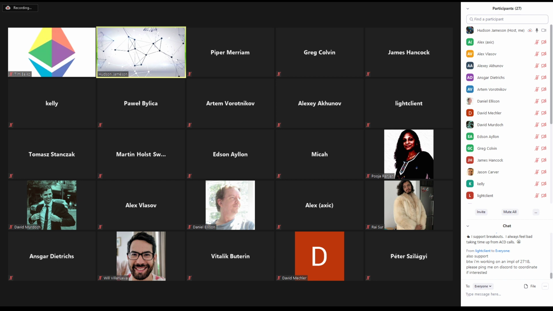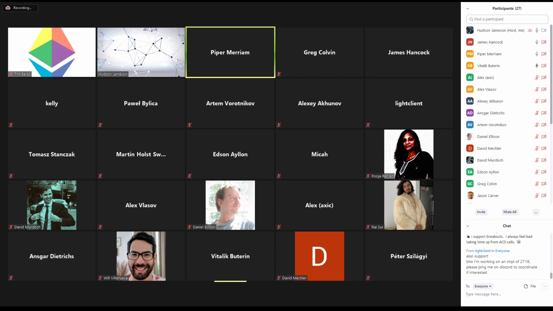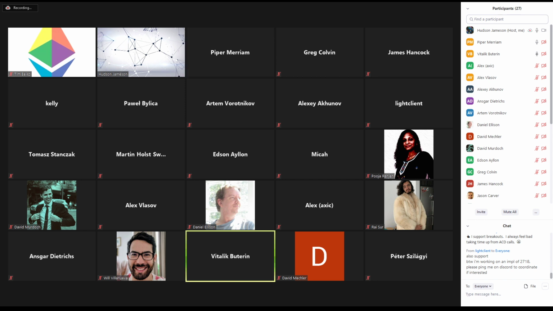I think I put that item up there, and the transaction types that I had in mind were things intended for inclusion after Berlin, principally account abstraction and 1559 and one or two more that are not expected to be in Berlin territory.